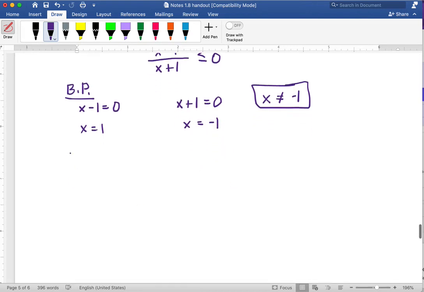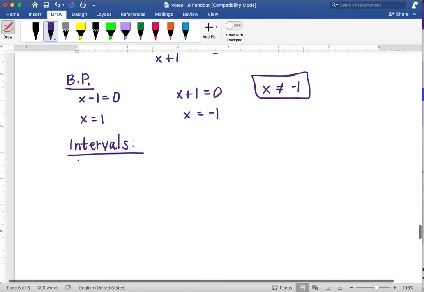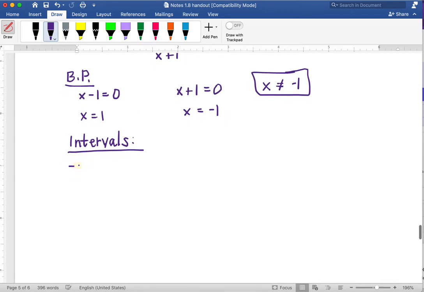Now I'm going to set up my intervals. All right, so my first interval, look, -1 is to the left of +1. So I'm going to go negative infinity to -1. In between is -1 to +1.